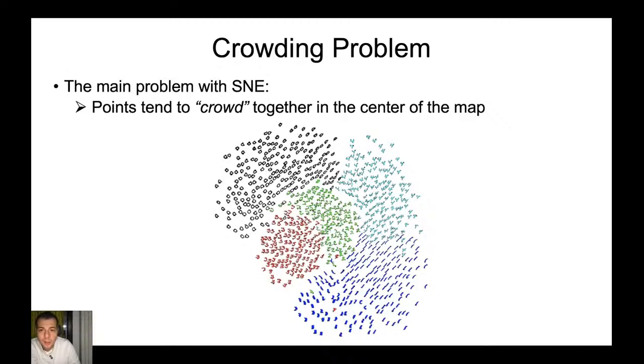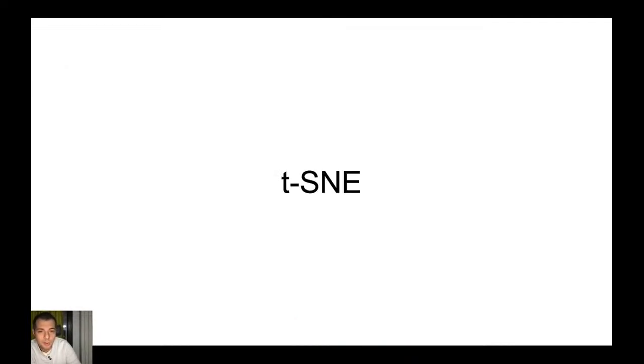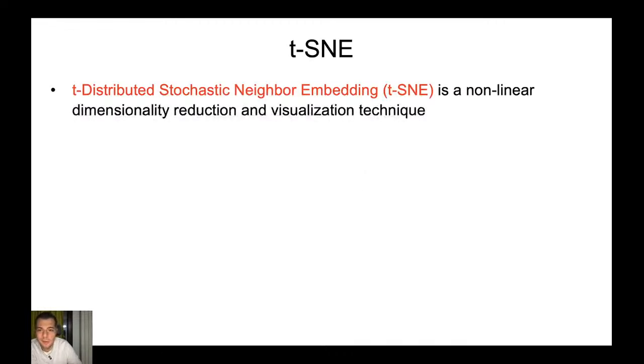Okay, so the main problem with SNE is that the points tend to crowd together in the center of the map. So a solution to this problem is t-SNE. t-SNE is short for t-distributed stochastic neighbor embedding.